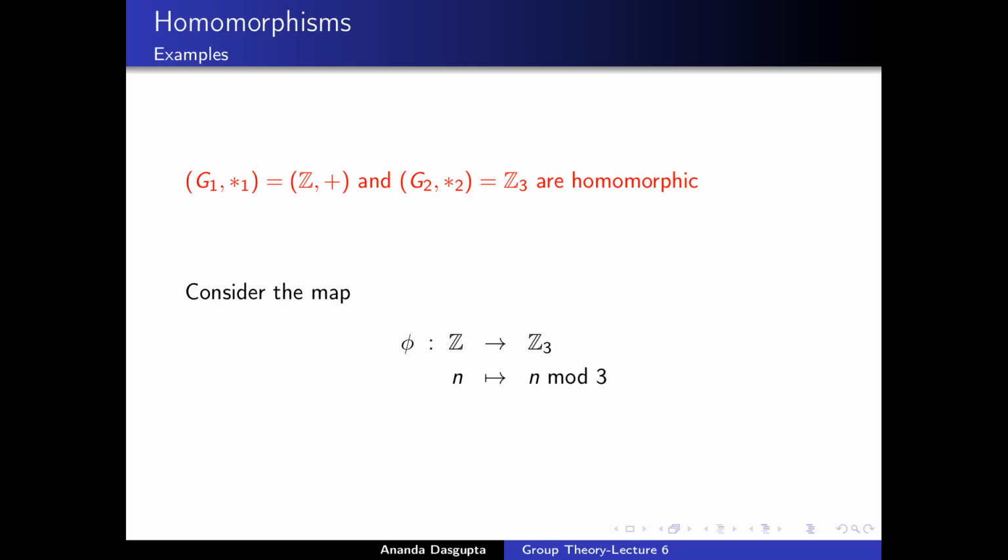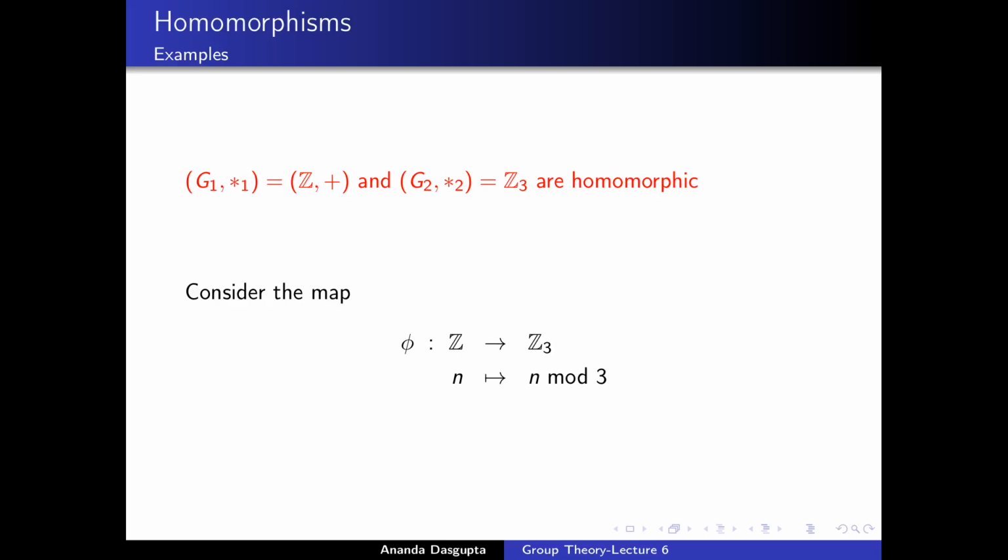In this example, G1 happens to be an infinite group, whereas G2 is a nice finite group with only 3 elements. So they are not really very similar, but somehow they share something about their structure which the homomorphism is bringing out.